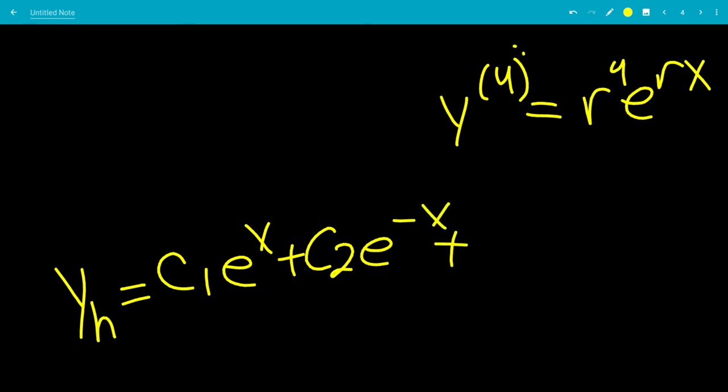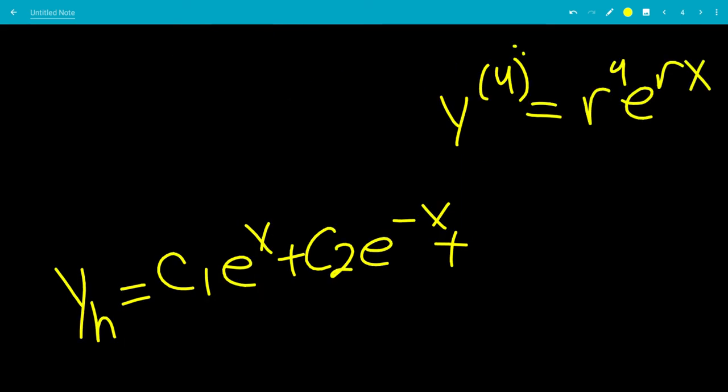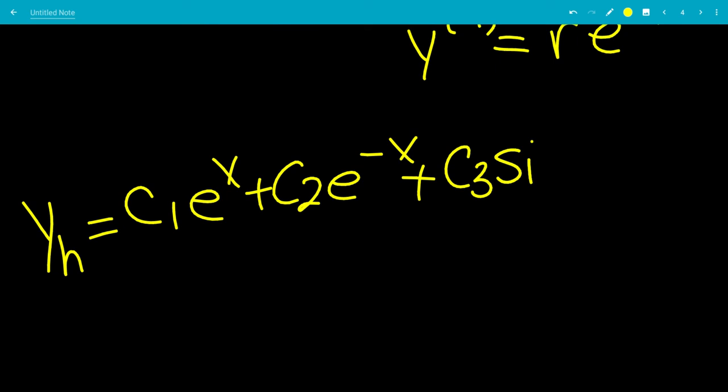And then for c3 and c4, when r equals i and negative i, we'll have e to the ix and e to the negative ix, but you can turn that into sines and cosines. So we have c3 sine x plus c4 cosine x.